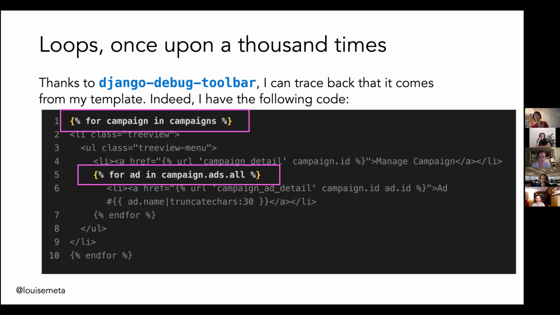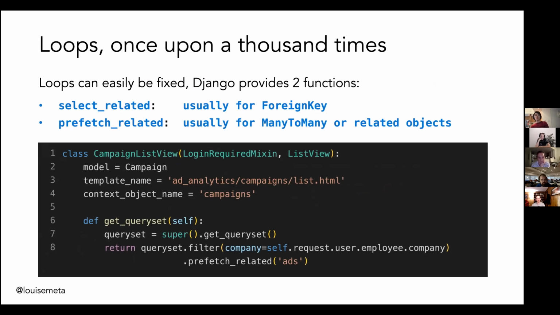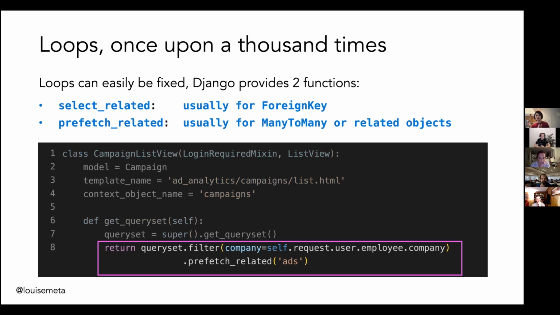If I had 1 million campaigns, because I'm not paginating yet, I would have 1 million queries, and this would not be great. Loops are actually really easy to fix with Django, because it gives you two tools. You have select_related, which we use for foreign keys, and prefetch_related, which is for many-to-many or related objects. Here I'm using prefetch_related, because for each campaign I have many ads.